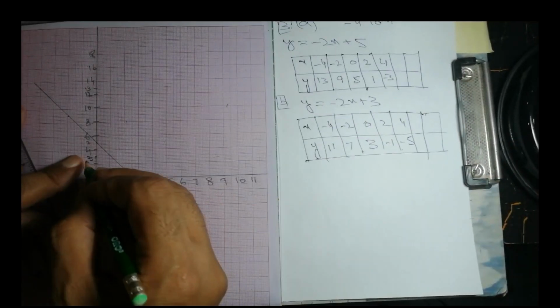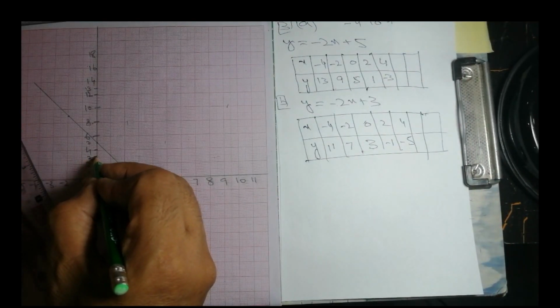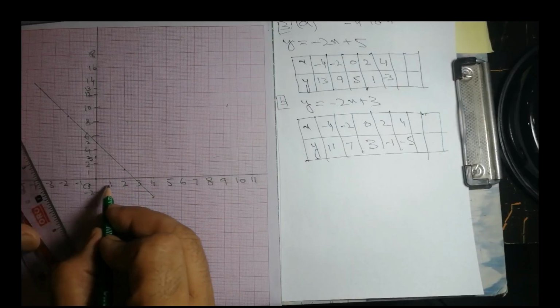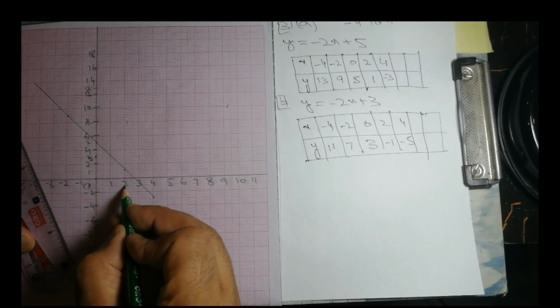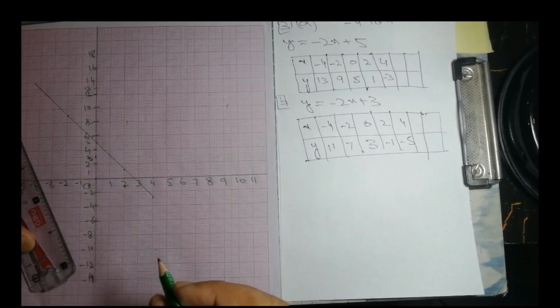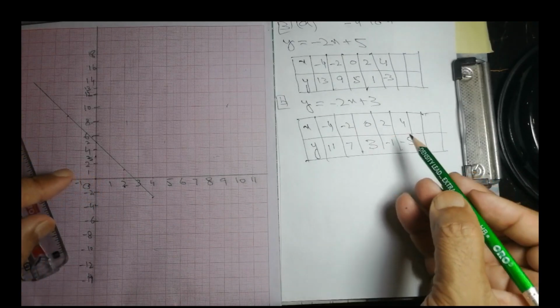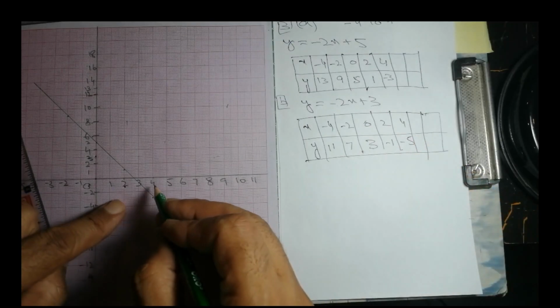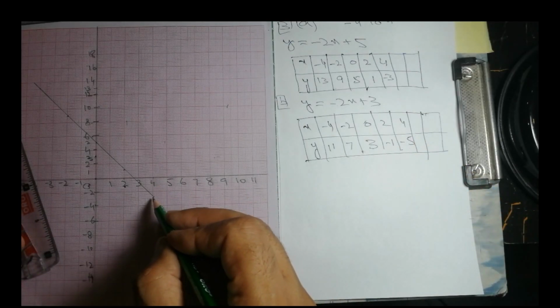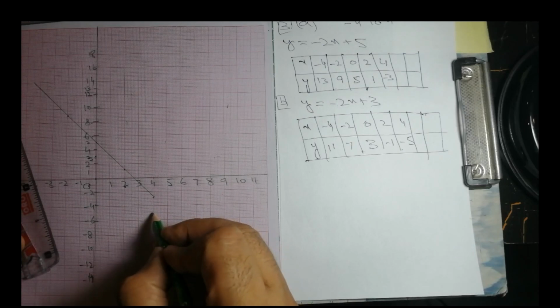So now actually the point is here, (0, 3). (2, -1): x is 2, and -1 is this one somewhere in the middle. And (4, -5) is here.